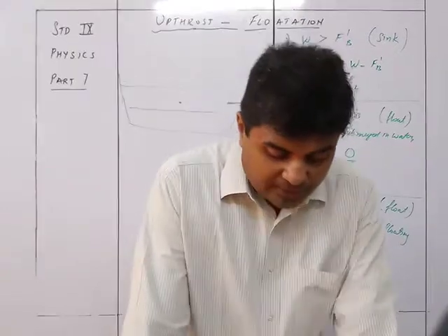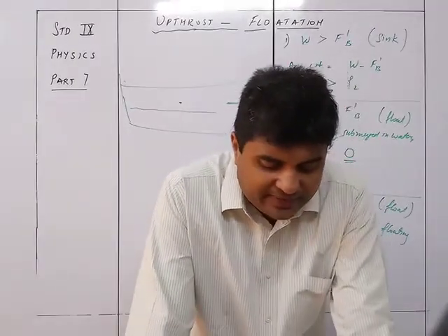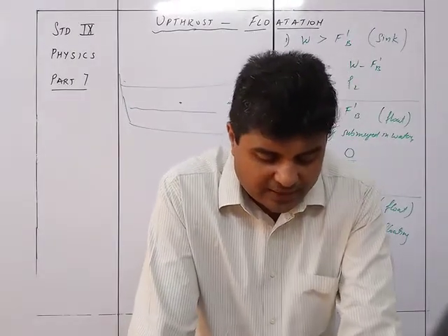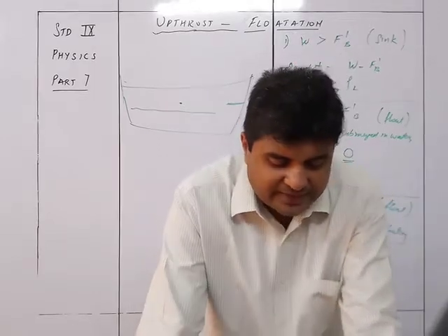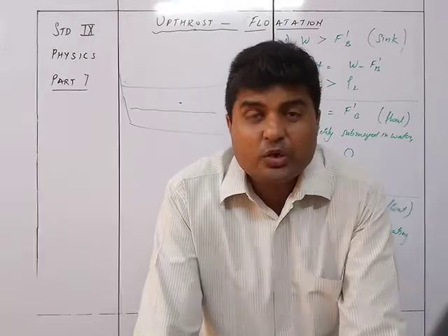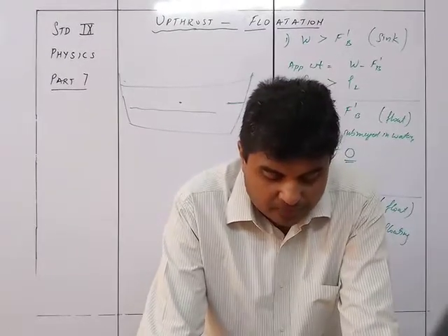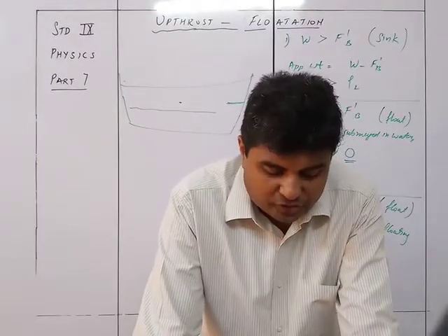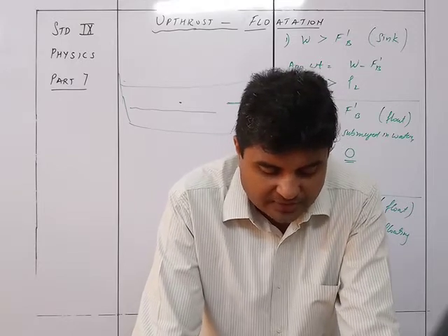So that's the reason it is easier for a man to swim in seawater than in fresh or river water. The reason is the presence of minerals and salts. The density of seawater is 1.026 gram per centimeter cube, more than the density of fresh water, which is 1.0 gram per centimeter cube.